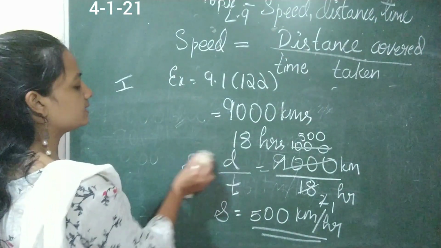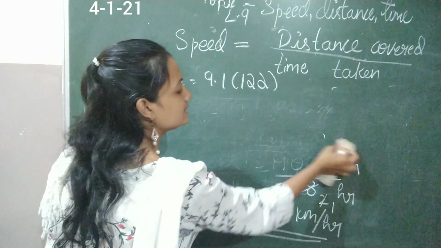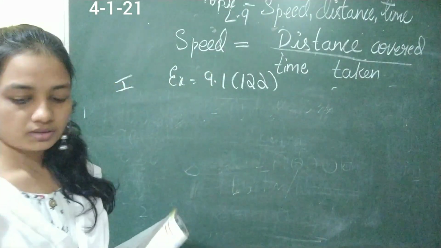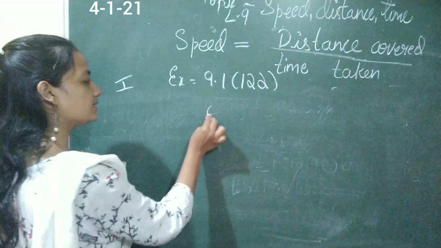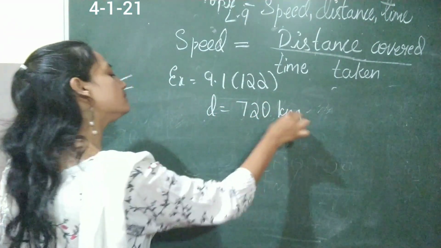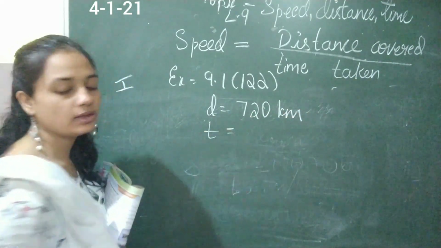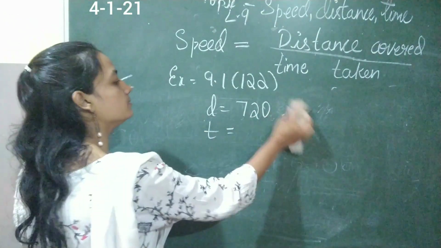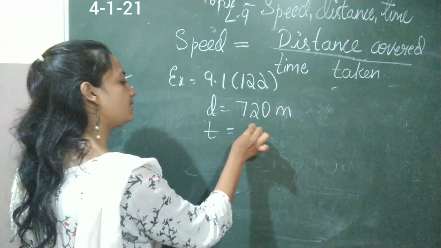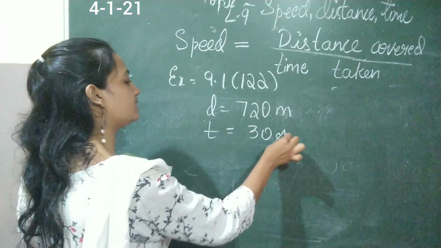So here, what is the distance given there? How much distance did she cover? The distance is 720 kilometer and time taken. So it's not kilometer, it is meters. 720 meters and time taken is 30 seconds.